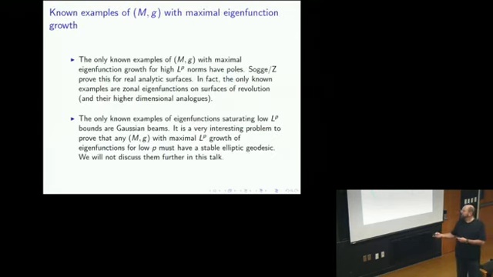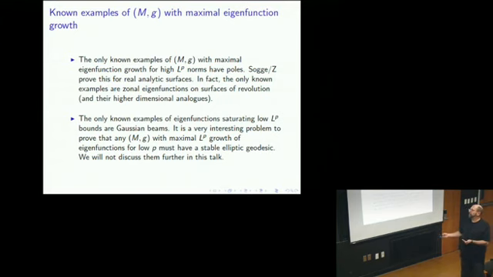So the only known examples of Riemannian manifolds which do have maximal eigenfunction growth are manifolds which have poles. As I'll state in the next slide, Sog and I recently proved that this must happen for real analytic surfaces. The only possible time when you achieve maximal sup norm growth for high LP norms is when you have a pole.